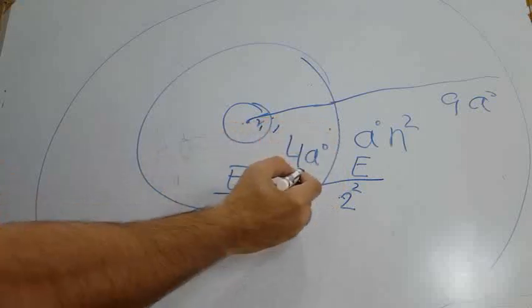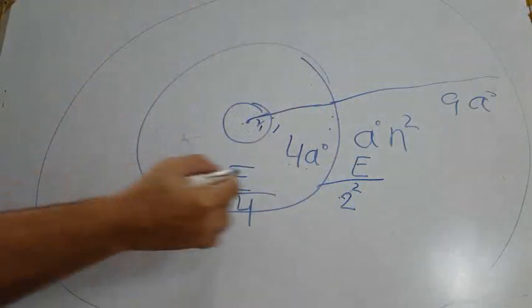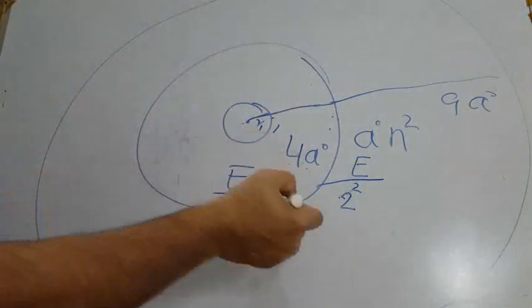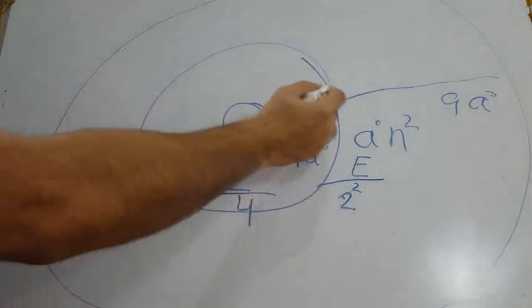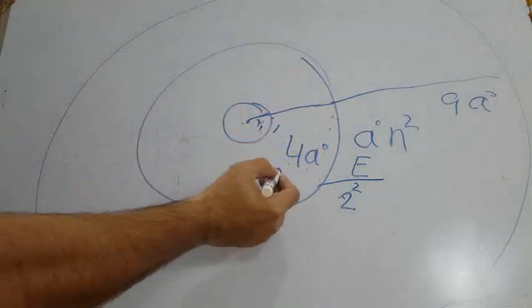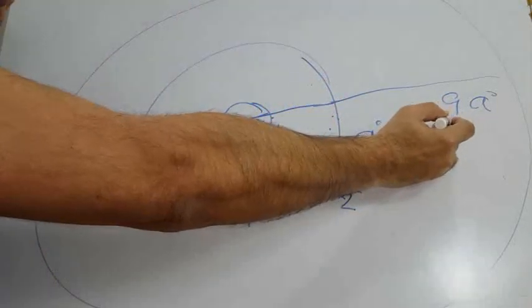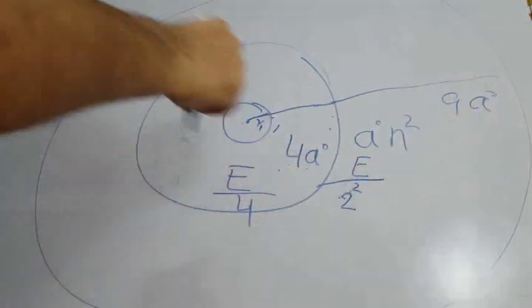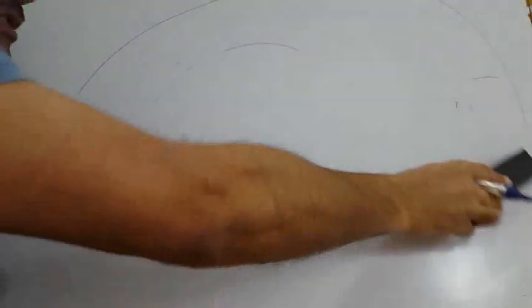Radius gets the square of the nth orbit, and energy gets 1 upon the square of that orbit. Means if energy gets 1/4, radius gets 4 times. Here the energy gets 1 upon 9th and radius gets 9 times.